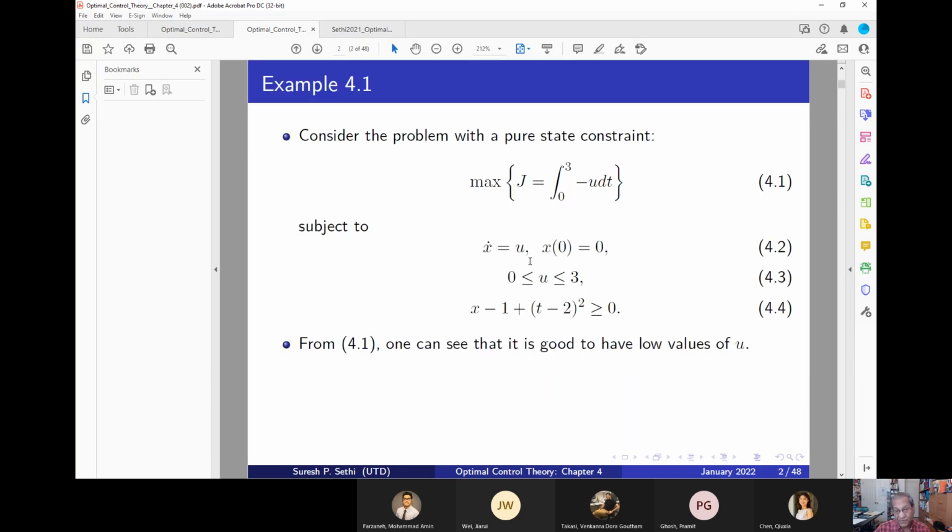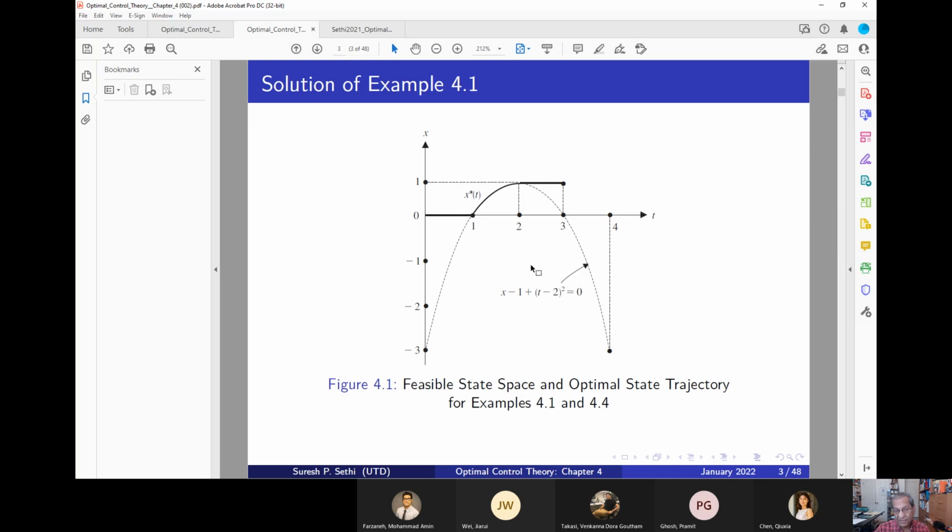This example comes from my survey of state constraint optimal control problems, which is a huge survey that was published in the SIAM Journal of Control. It's a popular survey because state constraints are interesting problems for management science, but they are also difficult.